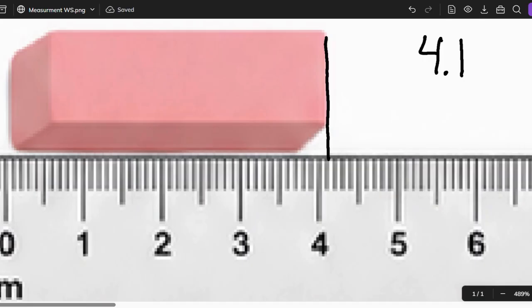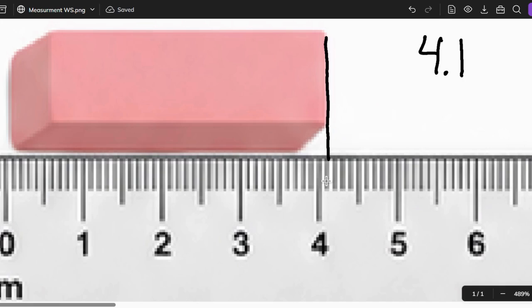So our next digit is going to be in the hundredths place right here, and that is going to be our uncertain digit. That line right here is somewhere in between 4.1 and 4.2. Since this is an estimated digit, it's going to be a little bit different for everybody.